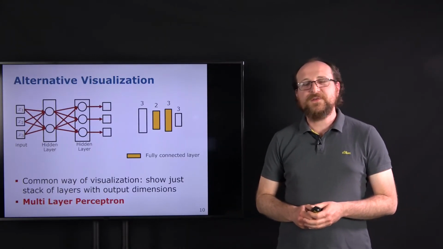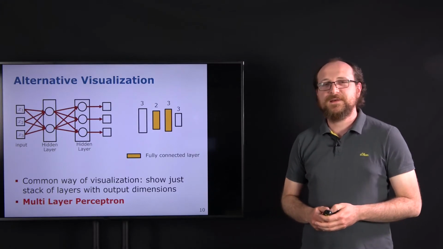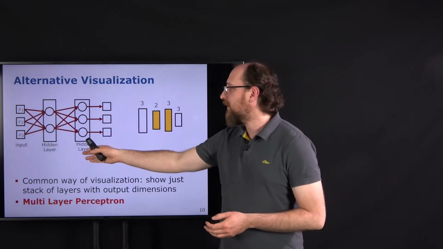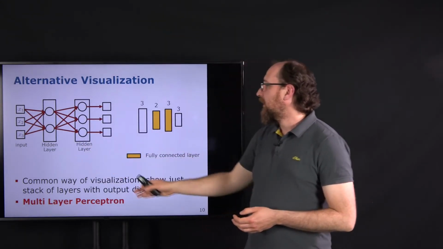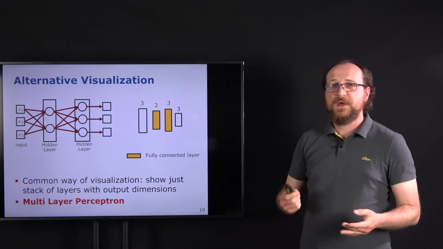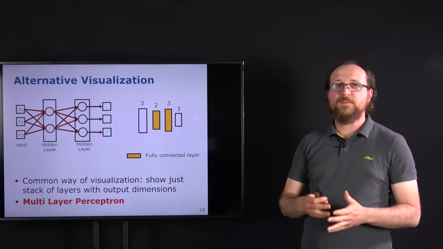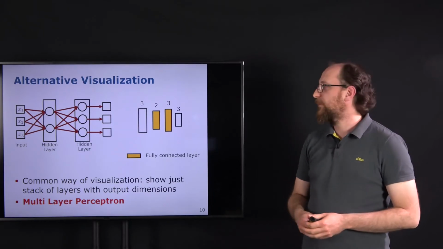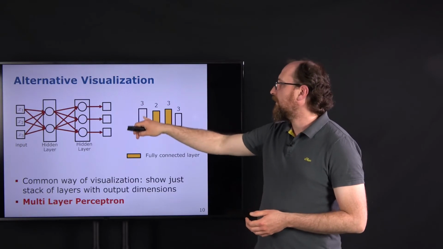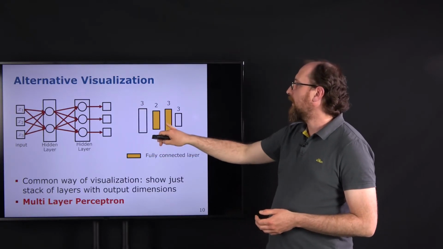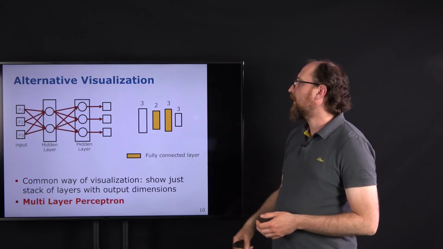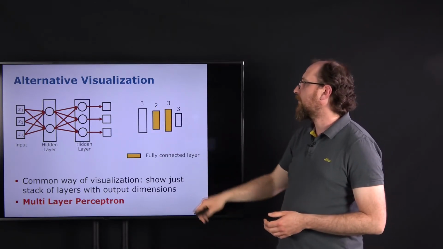or the artificial neural networks, this is a common way to represent it with this neuron view, and then you have this hidden layer. And often in the literature you will also have a more building block view, where you have the inputs and the dimension of the inputs. Here in this case it is a three-dimensional input, and then you have the layers, and you see that this layer produces an output of 2, and this produces an output of 3, and so on.